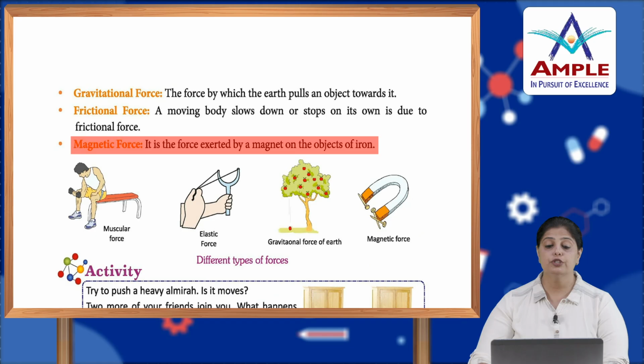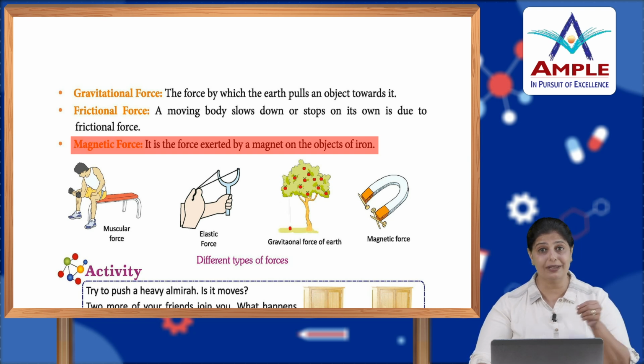When we use a catapult to hit a stone or something on a tree to play with, that is known as the elastic force. You stretch the object and release it, and the stone in it goes towards the target where you are throwing it.